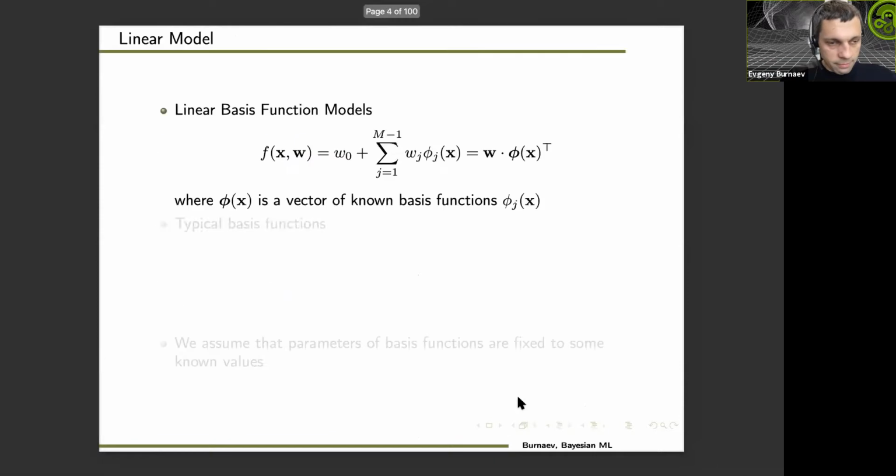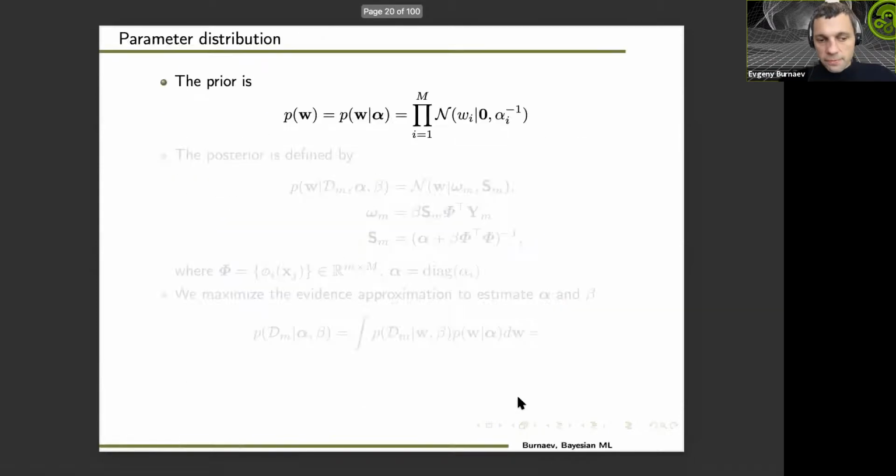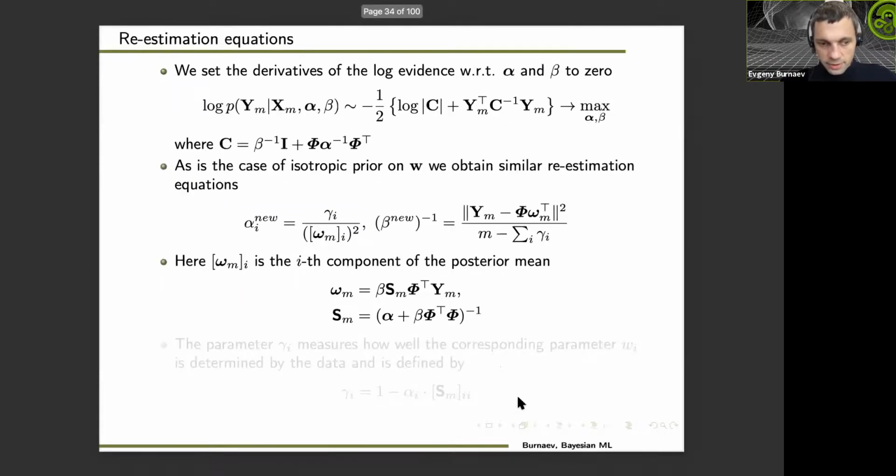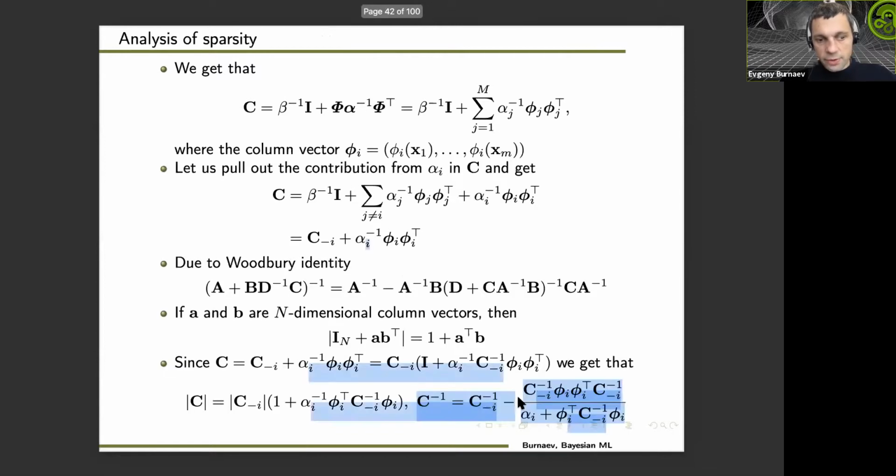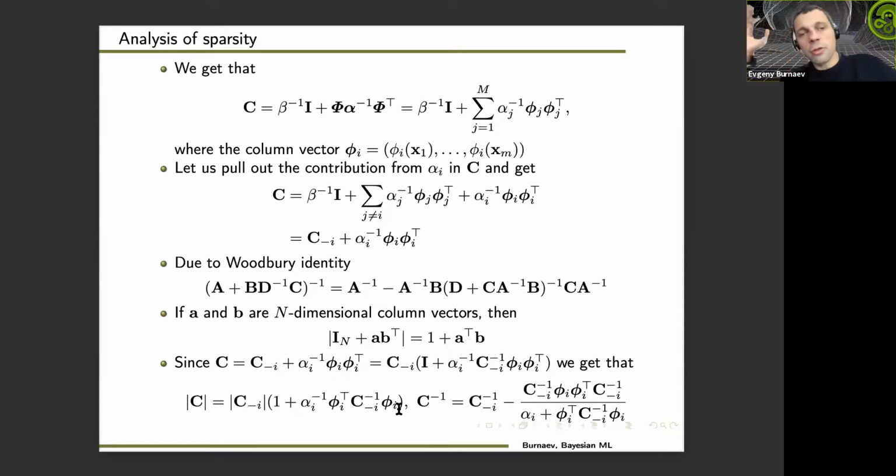To perform calculations computationally efficiently, we need to use all these equations. They simplify the recalculation of the matrix C, of its determinant, etc. But still, this method is not super efficient if the sample size and the number of basis functions are big.